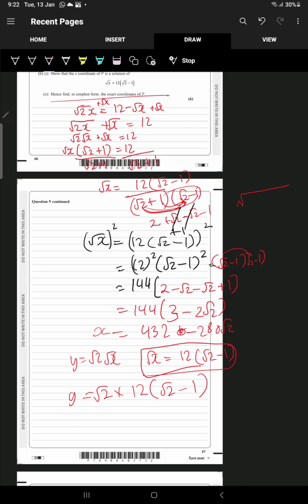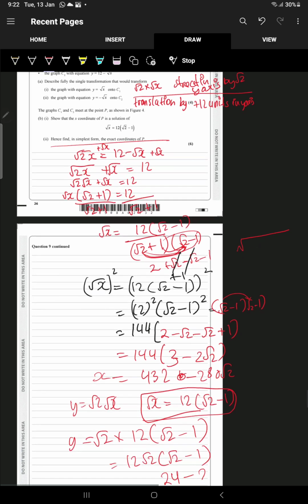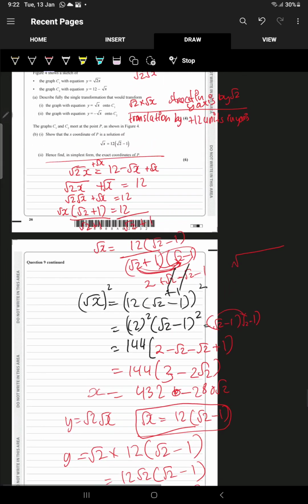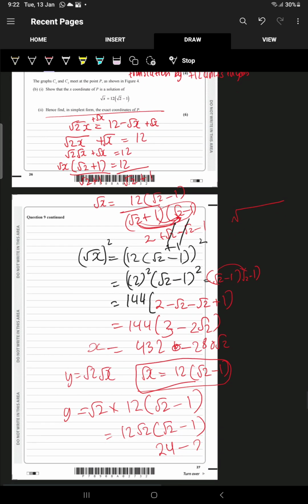Okay, so 12 root 2 times root 2 is going to give us 24, and 24 minus 1 is 23. Wait, no, root x is 23.